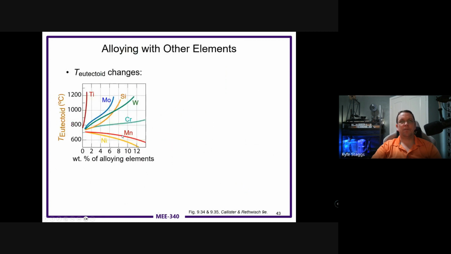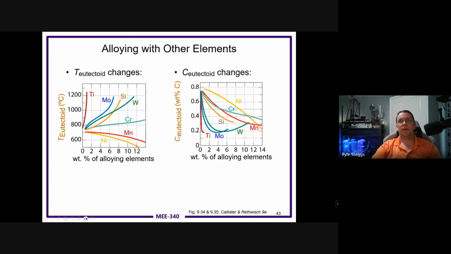So we're not going to look at every single possible combination, but ones like nickel don't change it nearly that much. And some of them are kind of in between. So something like tungsten makes a pretty dramatic difference. Molybdenum makes a pretty dramatic difference. So tungsten is much more expensive of an alloying element than molybdenum is.